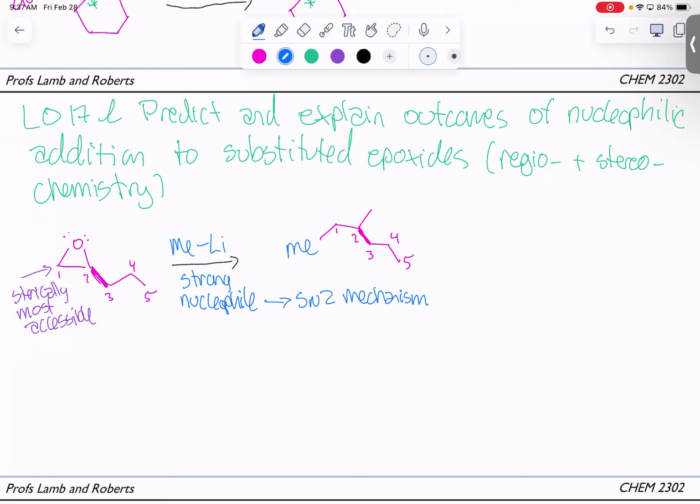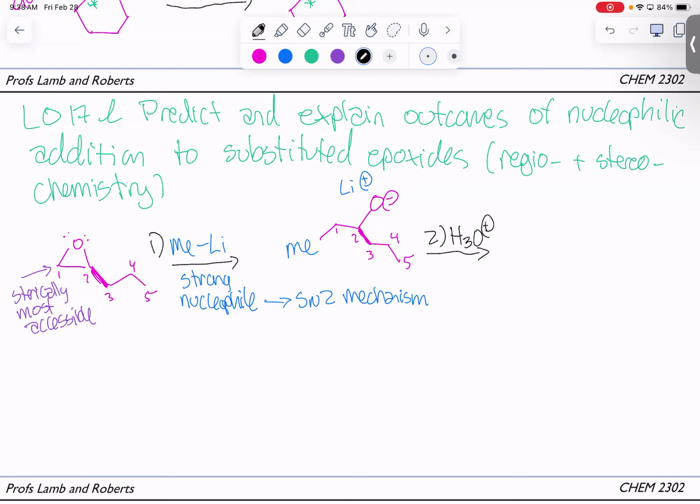And we can, of course, add in our H3O plus at the end of this in a second step. So first we would get this as our lithium alkoxide that forms from that nucleophilic addition at the sterically most accessible site. We would add in our H3O plus in step 2.